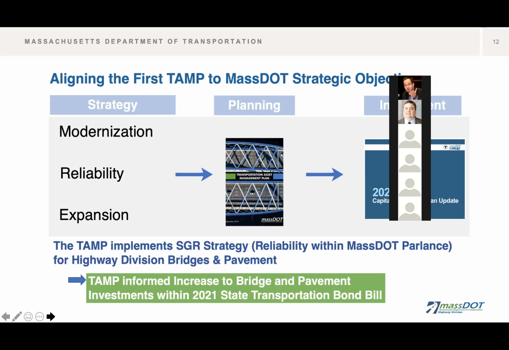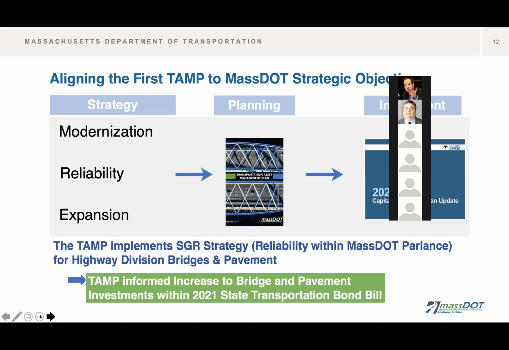So at MassDOT, I think one foundational element with respect to our first TAMP was it came almost right after a major restructuring of our capital investment plan. And that process itself set the framework for us to align that to the TAMP, bring the TAMP into a place that had some logic and strategy underneath it.